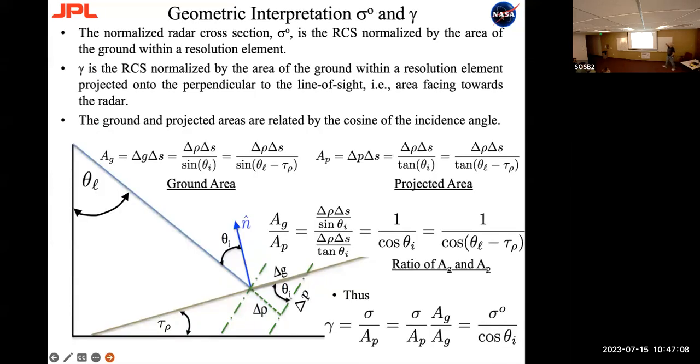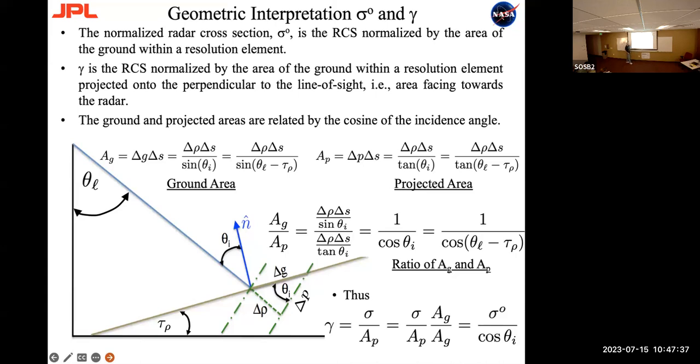So the projected area that you're getting on a ground resolution element depends on the local slope that you're getting back toward the radar within a range resolution element. Remember we said the world is going to be divided up into range bins, separated by one and another, say delta rho.